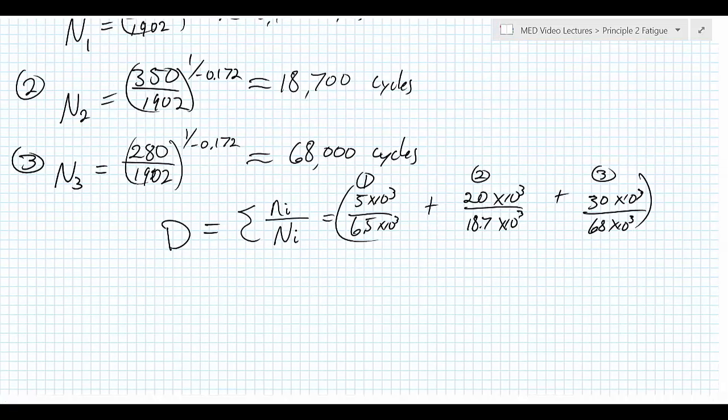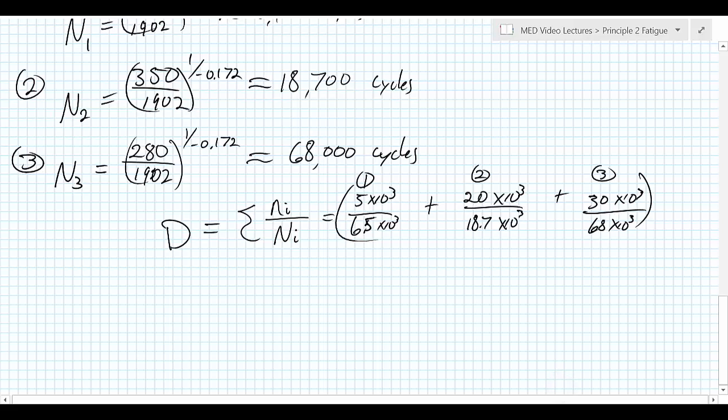So if you think of this in terms of its life, this one uses not quite all of its life. 5 over 6.5 is about 80% of its life at that cycle. 20 over 18.7 is going to be larger than 1, so this is well over the amount of loading that will cause it to break.